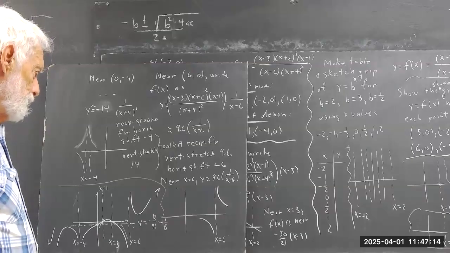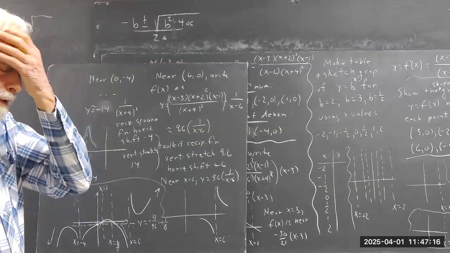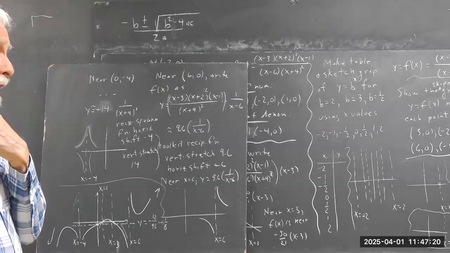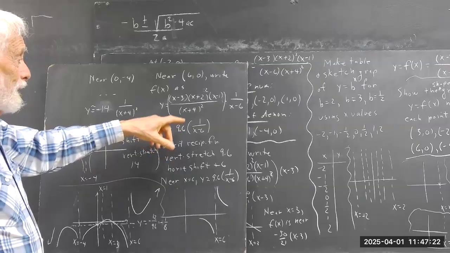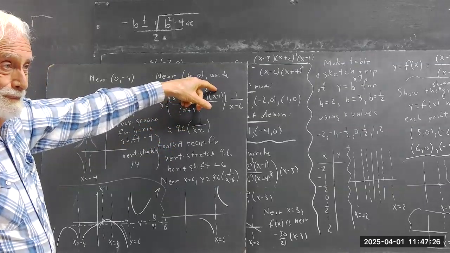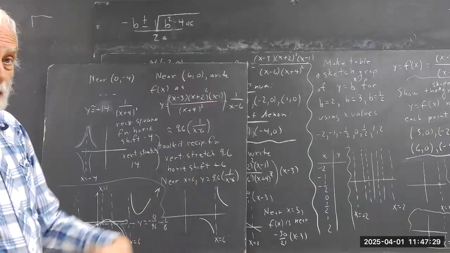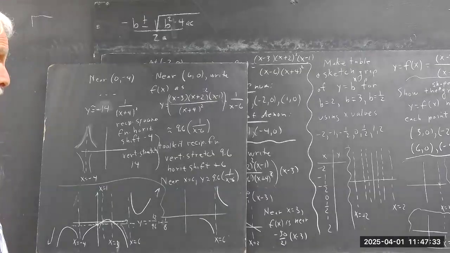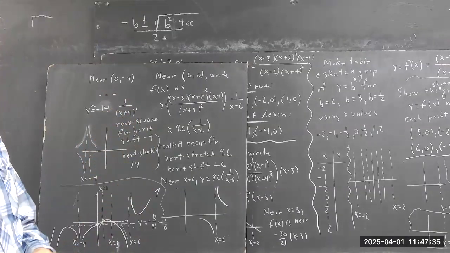And you know, there were some problems on the homework that people made mistakes on by not noticing that there's an x plus 4 in the denominator and an x plus 4 in the numerator. Because that's a removable singularity, as Open Math explained to you. Okay? And I can explain removable singularities.